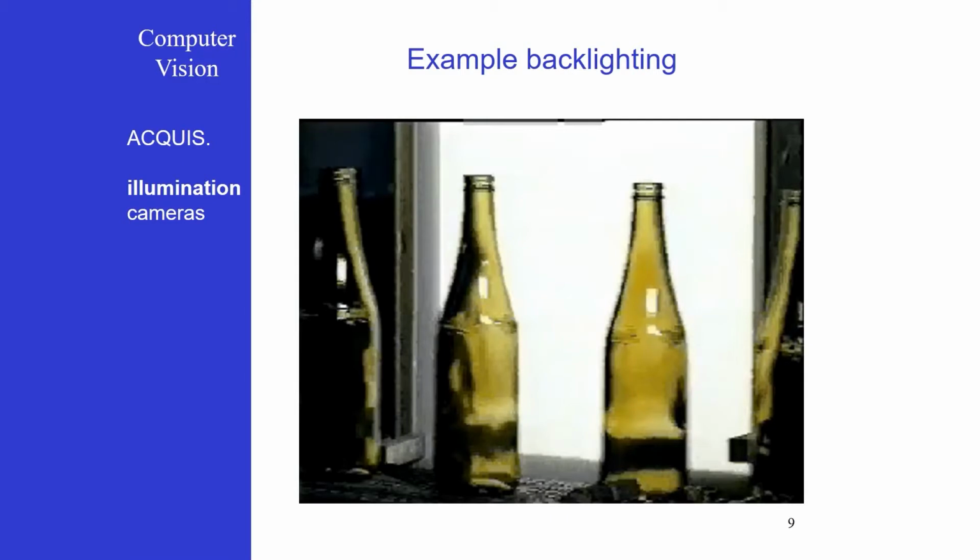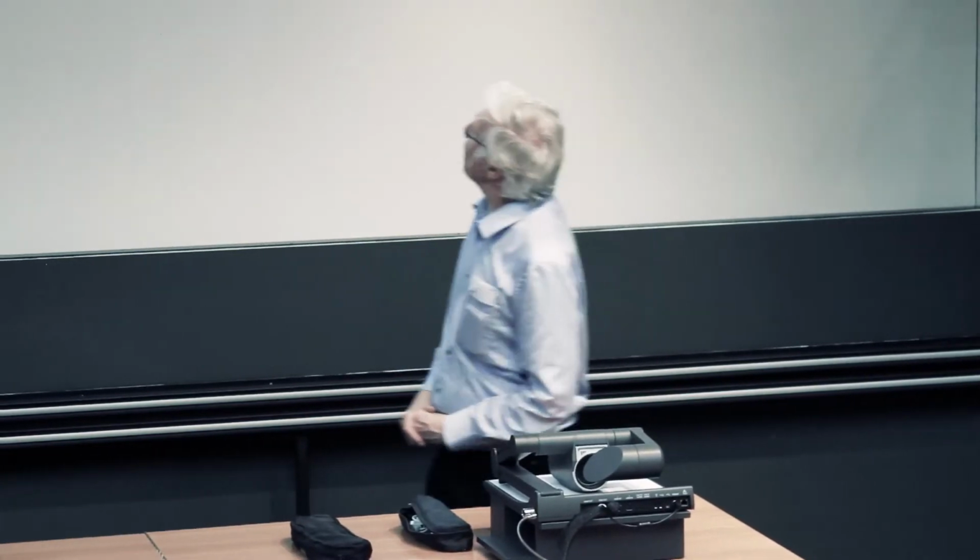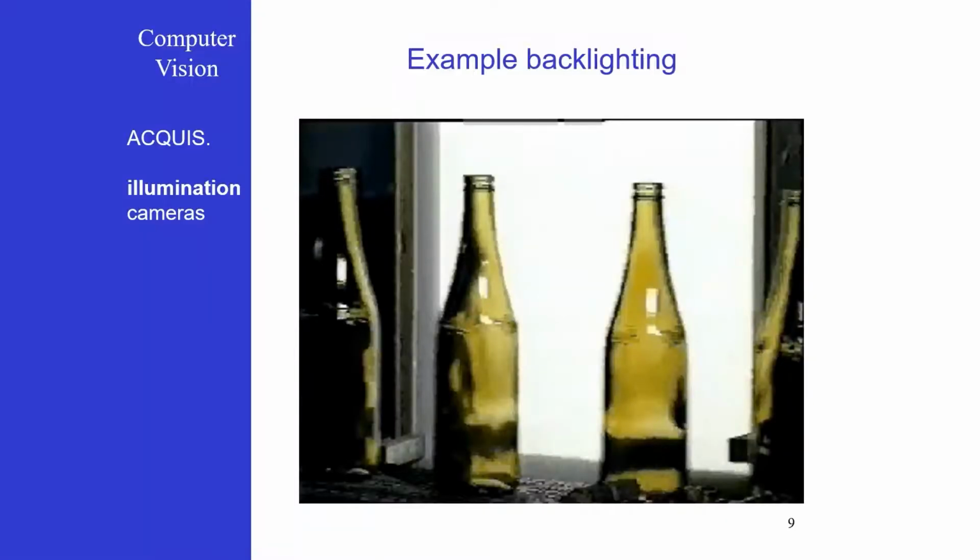Here we see an example. It's about inspecting bottles, and often this is a rather subtle inspection task because there may be small cracks in the bottle, and you want to detect those before releasing the bottles out again to be refilled. Now what will happen is that if you have that kind of back illumination that you see there, this homogeneous white illumination in the background, you have the bottles moving in front, they will be all black to the camera, except when there is a crack.